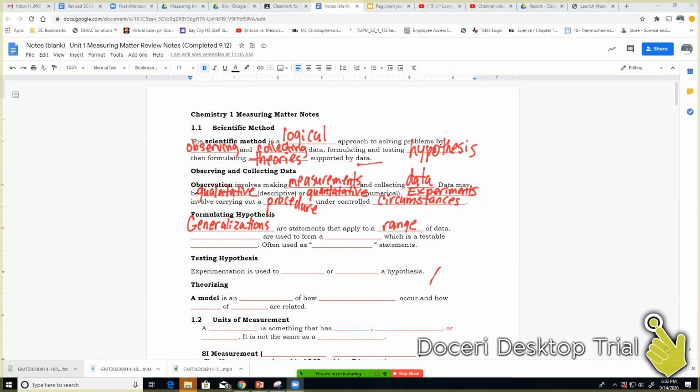And generalizations, I'm just going to put a ditto mark because it's generalizations again down here, are used to form a hypothesis, which is a testable statement. It's often used as an if-then statement. If I add fertilizer to the plants, then they will grow larger. And then that's something we could do an experiment on.